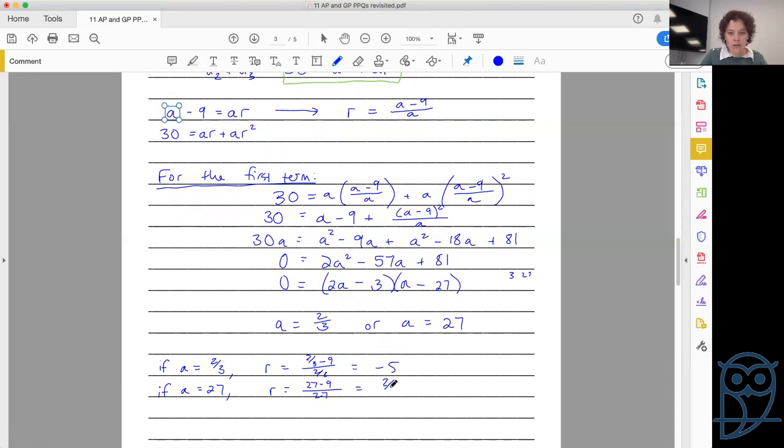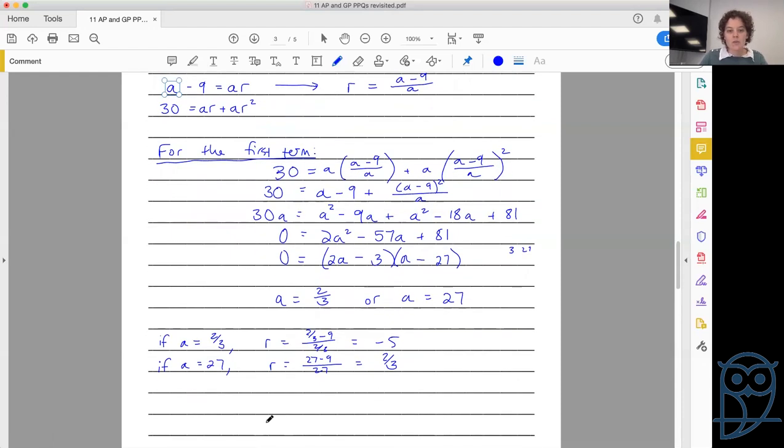R equals 2/3. So, we know as all terms positive, R equals 2/3 and A equals 27. This is the only answer that actually satisfies the conditions given in the question.